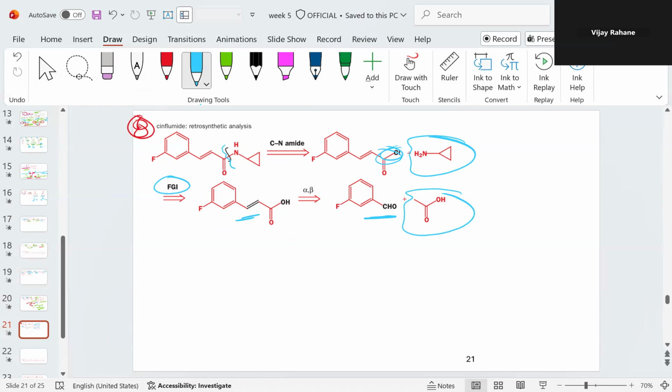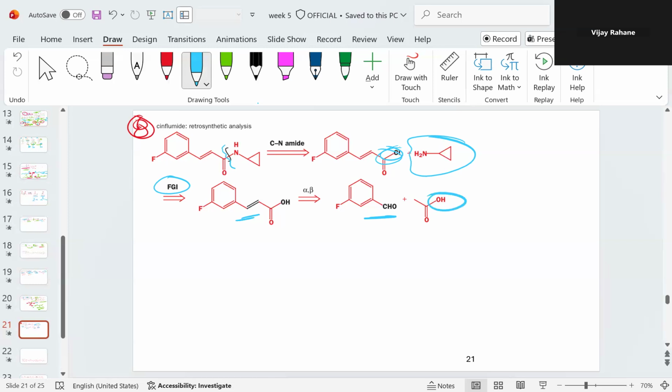The first step was just addition of the base, but not directly, because if you add the base, the proton from this acid can form the salt, so base plus acid can form the salt.